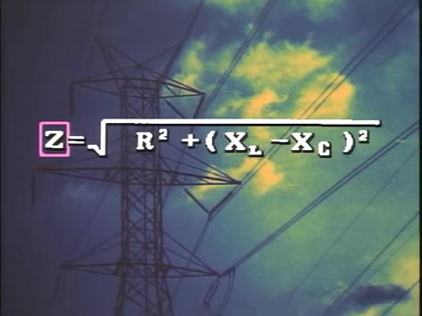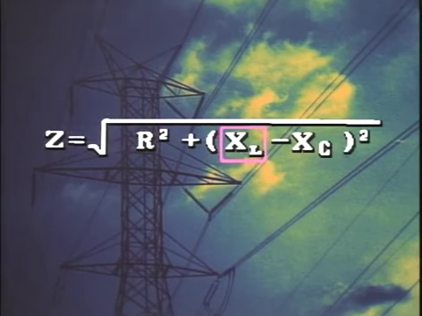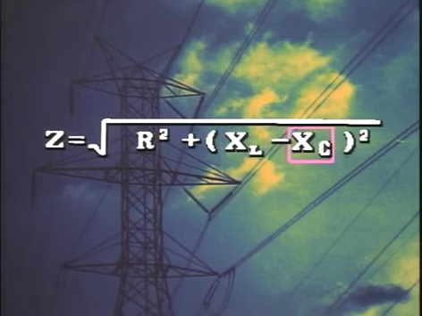Z represents the total impedance measured in ohms. R is resistance, also measured in ohms. X sub L represents inductive reactance, also in ohms. And X sub C is capacitive reactance, again in ohms.